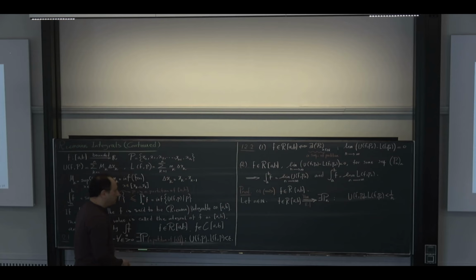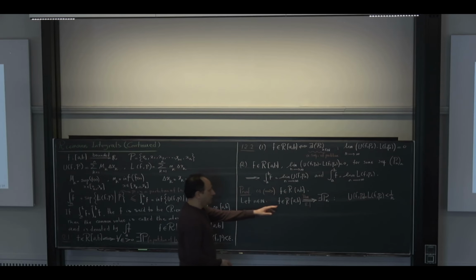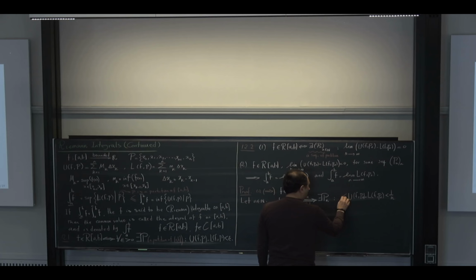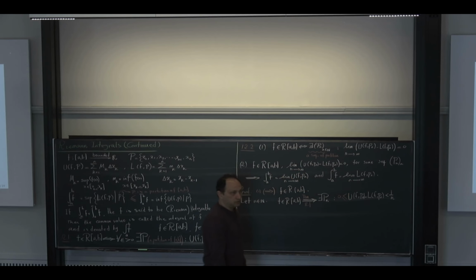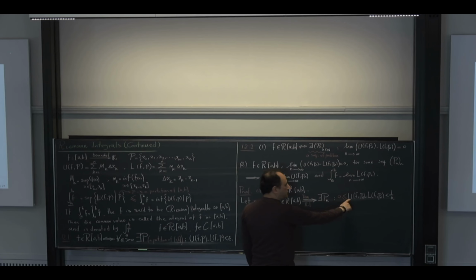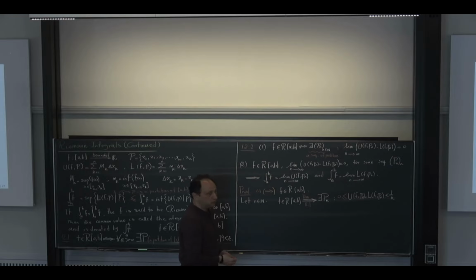So this theorem grants that there exists a Pn with this property. But of course, I can always write that this difference is also greater than or equal to 0, because we know that upper sums are always greater than or equal to the lower sums. So this difference cannot be negative. Okay, so can you see we are done? What was my goal?